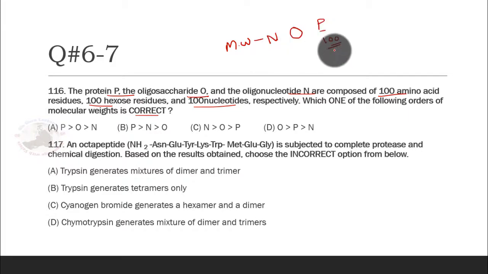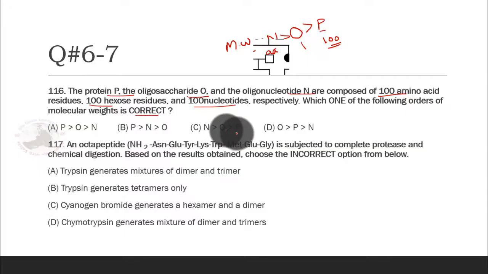Proteins of 100 amino acids have lower molecular weights. Then comes the oligosaccharides, then the oligonucleotides. If you go with the highest order, here the question asks for less than, hence proteins have the least weight and the oligonucleotides have the highest molecular weight, hence option 3 is correct.